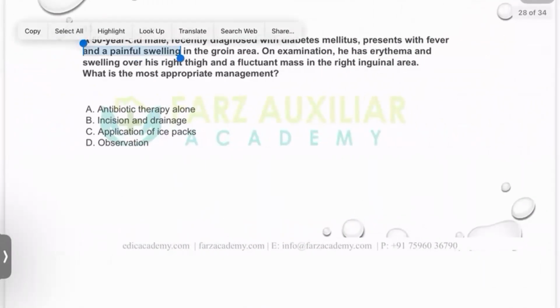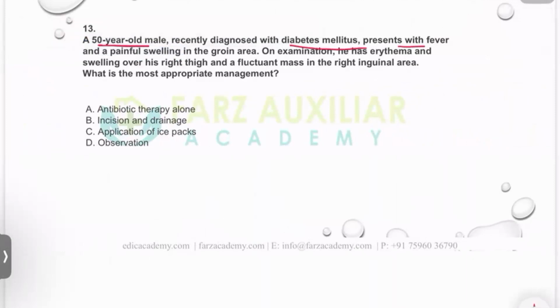A 50-year-old male, recently diagnosed with diabetes, presents with fever and painful swelling in the groin area. He has erythema and swelling over his right thigh and a fluctuant mass in the right inguinal area. What is the appropriate treatment?